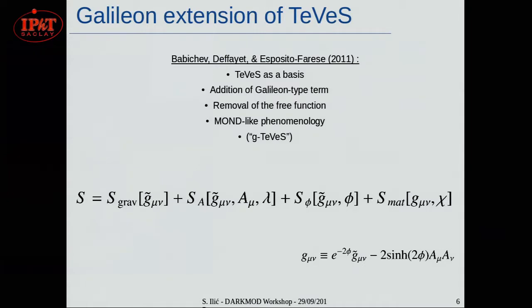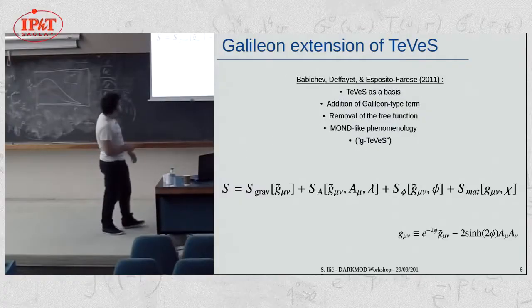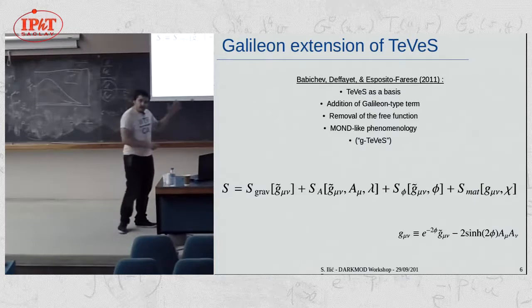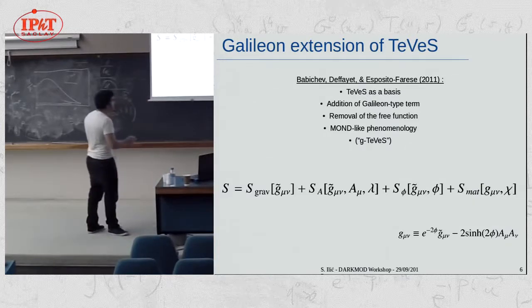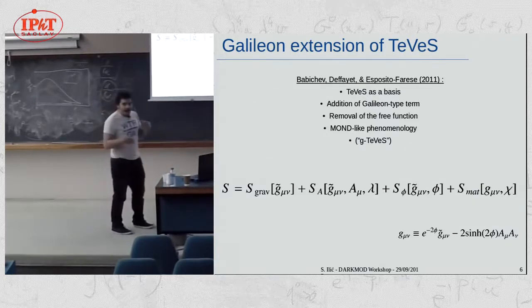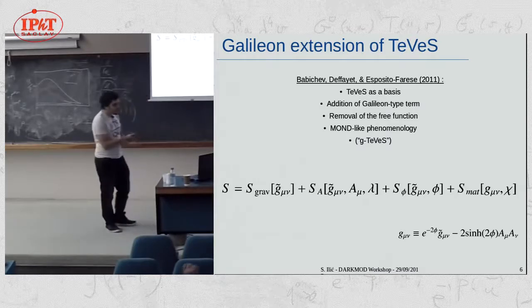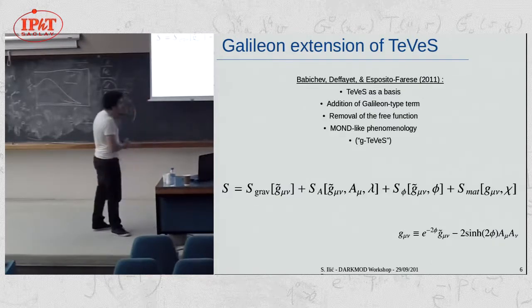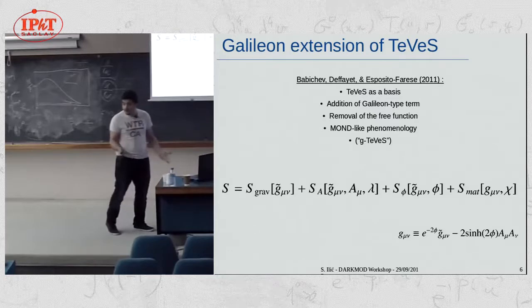I'll focus today on another model that recovers MOND-like behavior, which was recently proposed by Babichev, Deffayet, and Esposito-Farese in 2011. This model uses TeVeS as a basis and adds a Galilean term, which leads to a convenient Vainshtein screening mechanism of the effect of the scalar field in environments such as the solar system, which is pretty convenient.